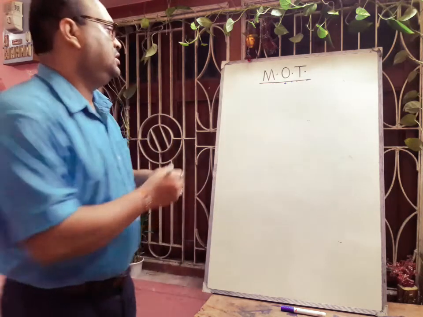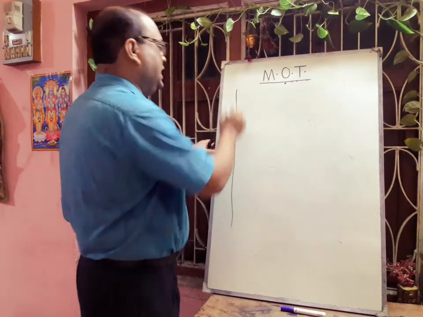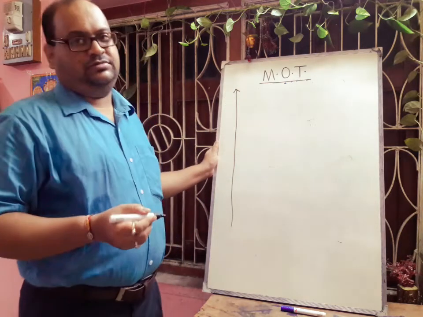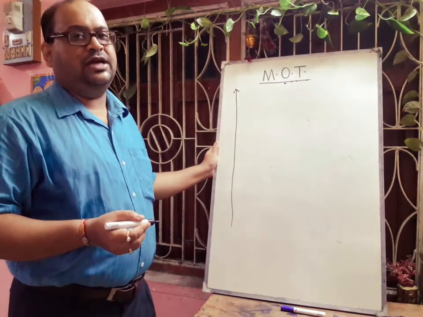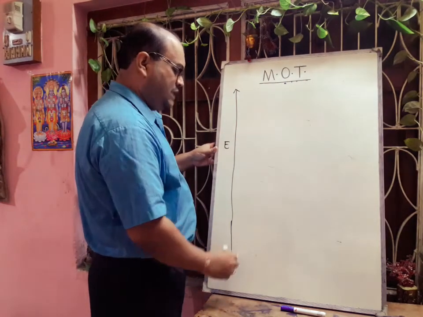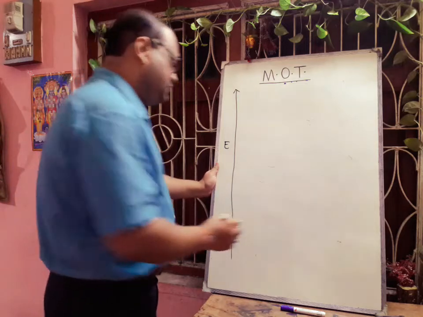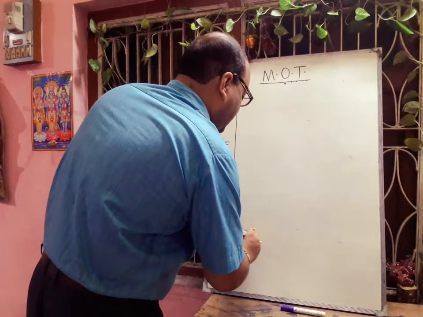So this one is the energy diagram, that is up to nitrogen. After nitrogen there will be something different. So this is the energy, and energy is continuously increasing. Now if we draw the diagram, then you can understand.